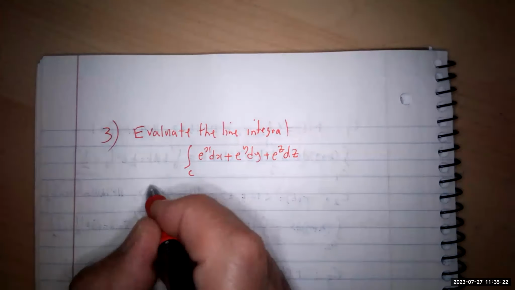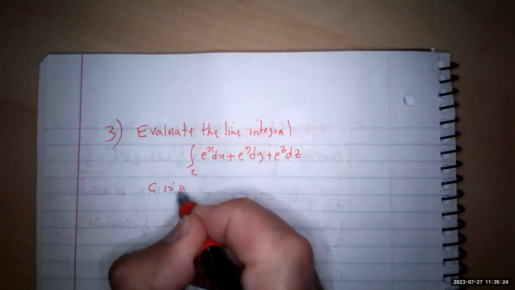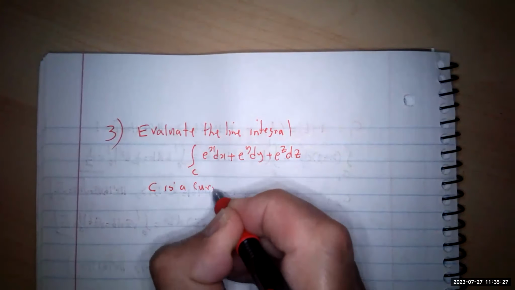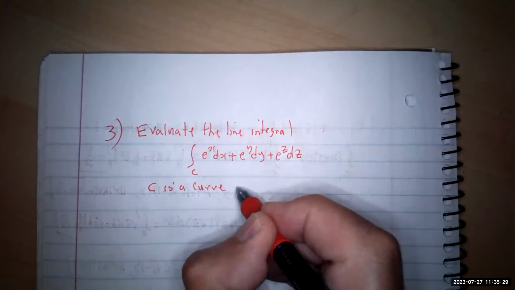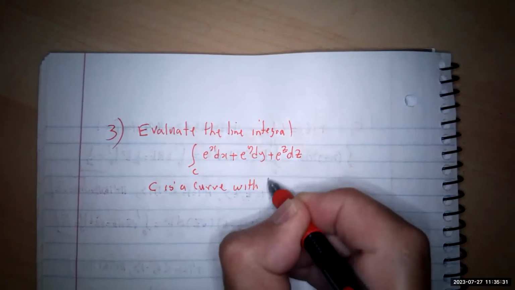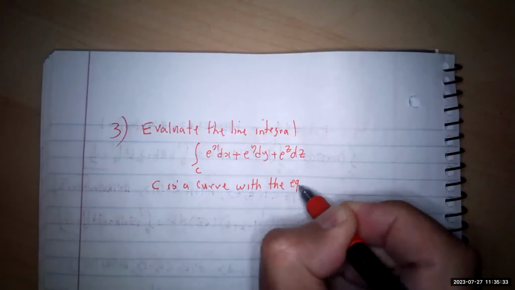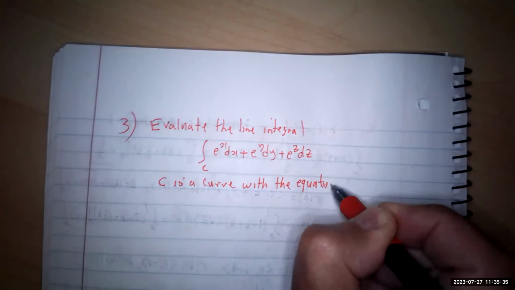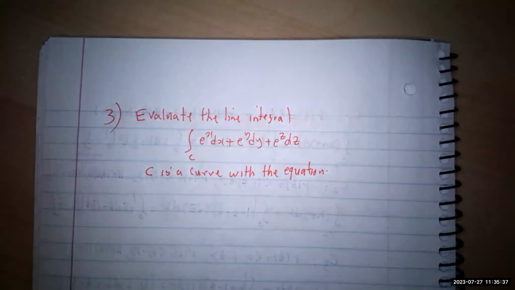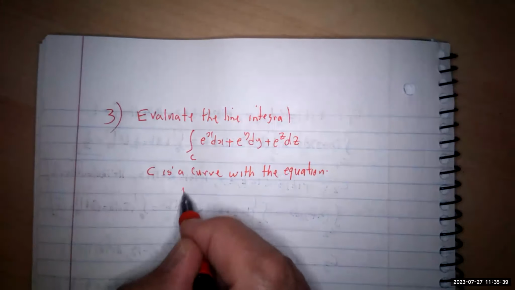This is it. And C is a smooth curve, with the parametric equation given to you directly.